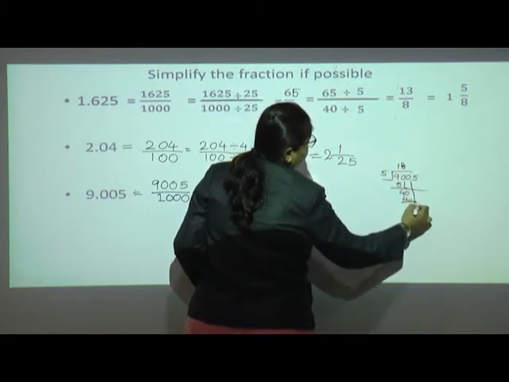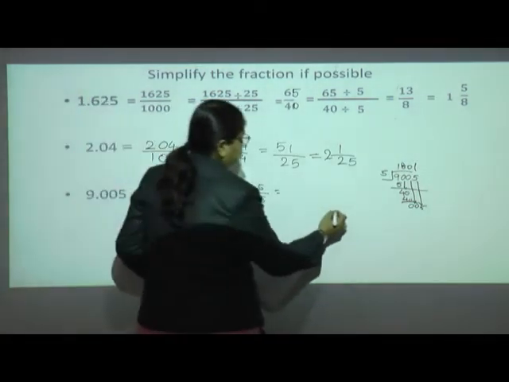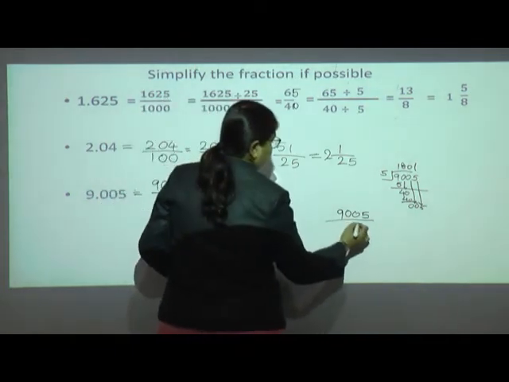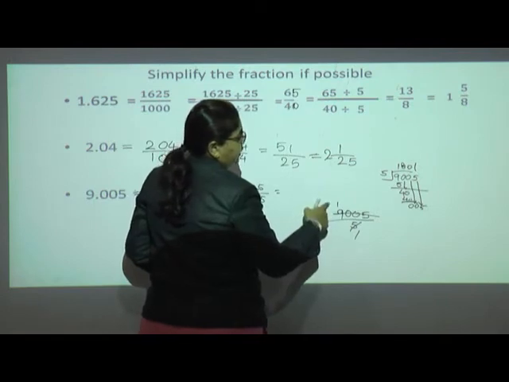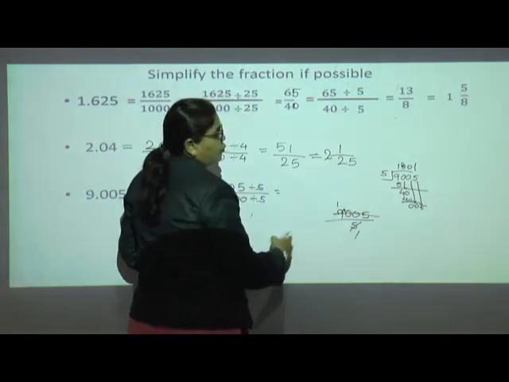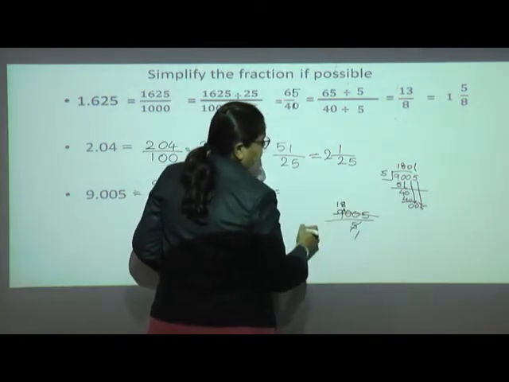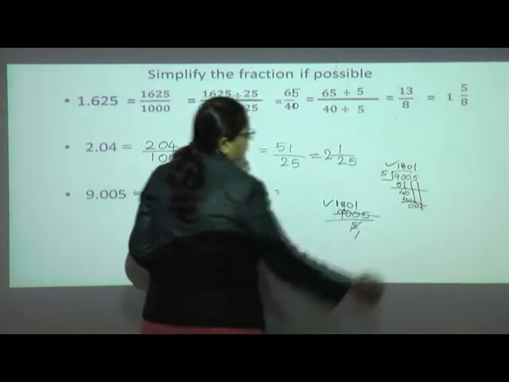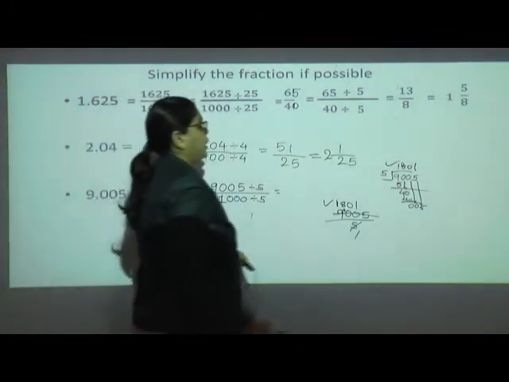Get 0 down, and get 5 down. 5 ones are 5. Otherwise we can do this. I will rub this and then show you. 5 ones are 5. 9 minus 5, 4 is left. I will write a small 4 here. So it is 40. 8 5s are 40. Write 0 as it is and 5 ones are 5. So both the answers are the same. So both ways we can reduce it.